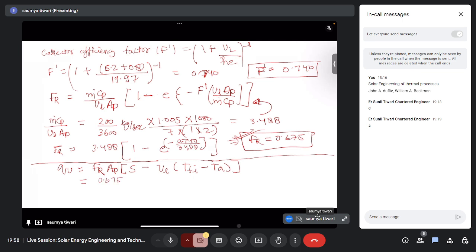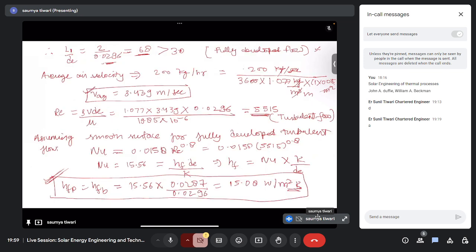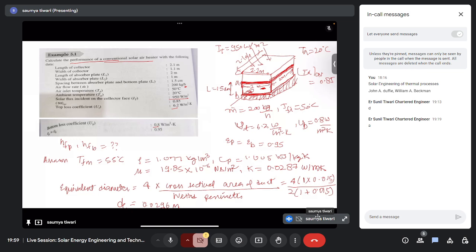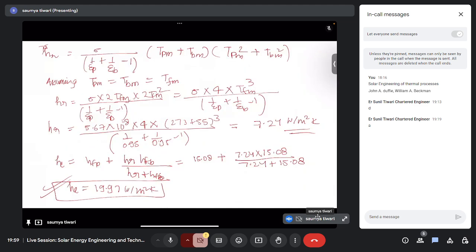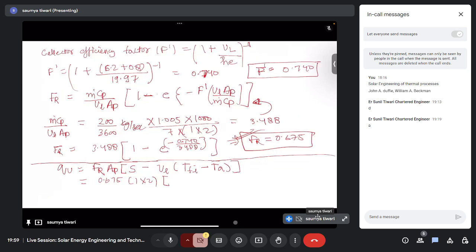Area of your absorber plate is 1 into 2. What's given in the question is that the solar flux incident on the collector face is 950 watt per meter square, and the average transmissivity-absorptivity factor is 0.85. So the actual flux reaching the absorber plate will be the product of these two values.